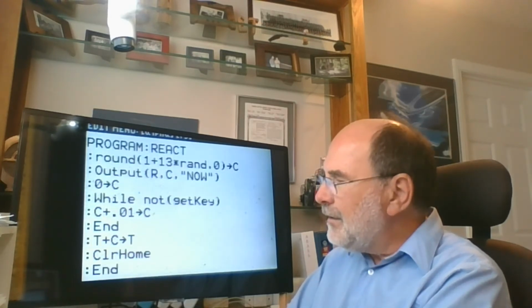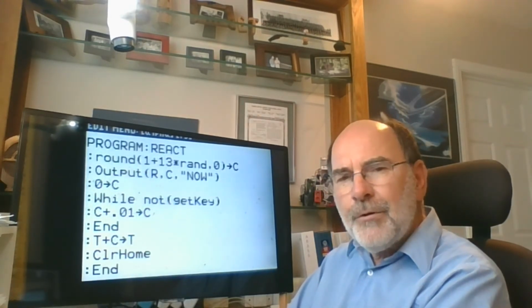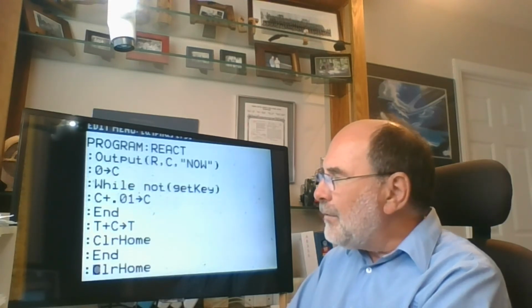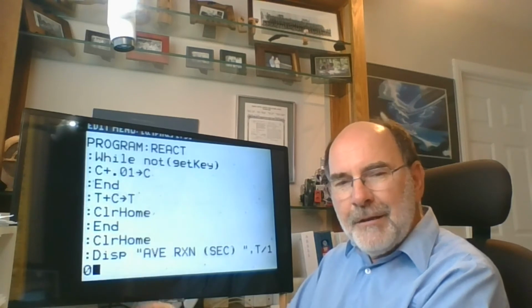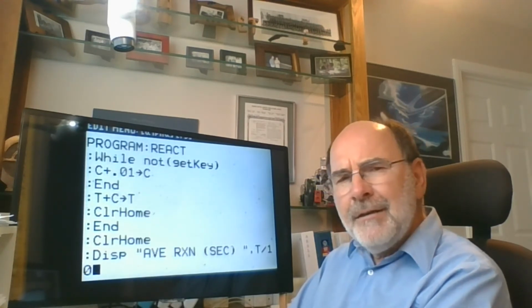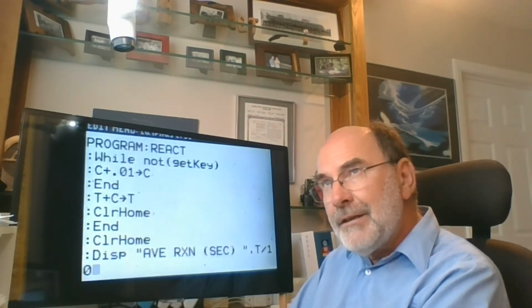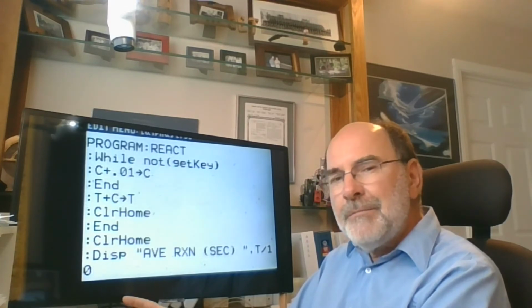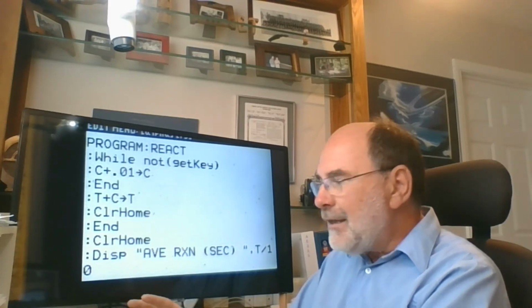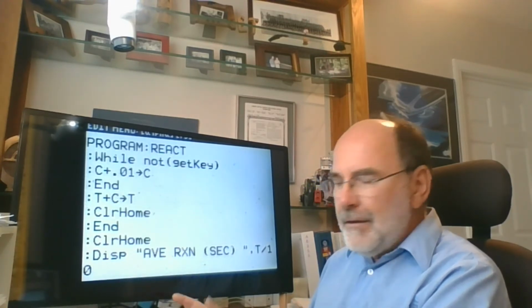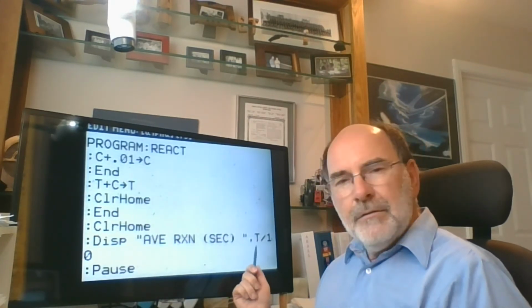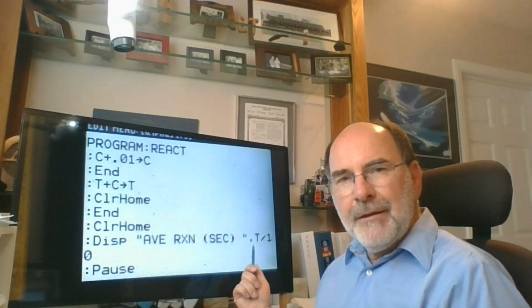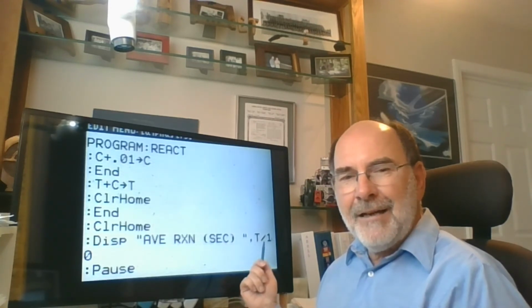Once you've pressed a key, add the total time to the accumulated time for this one run, clear the screen, repeat this loop that says for 1 through 10. Once you're done with that loop, clear the screen, display, here's my average reaction time. By the way, a lot of you chose to do the calculation, store it in a variable called F, and then display the message in F. But strictly speaking, you don't have to display a variable. You can display the result of a calculation in that line.